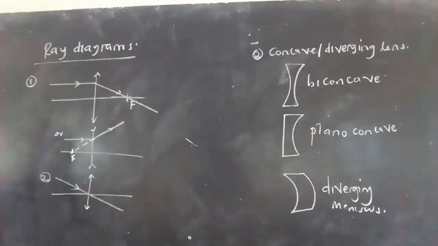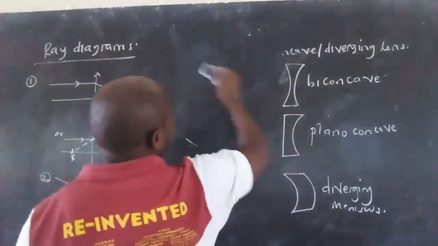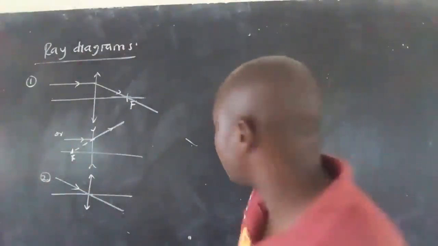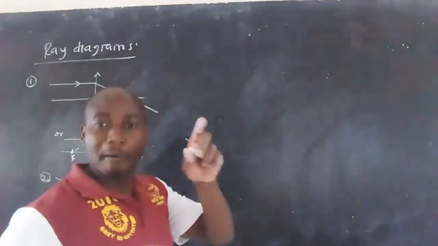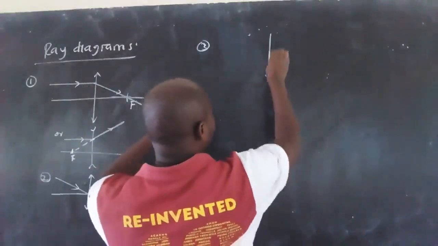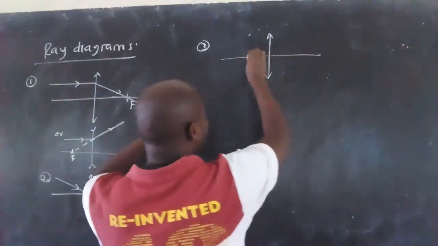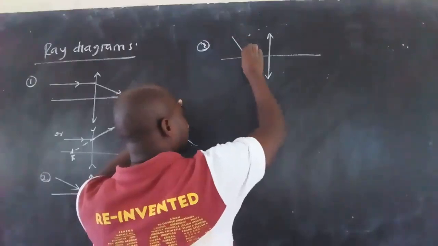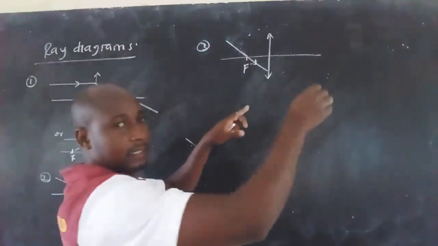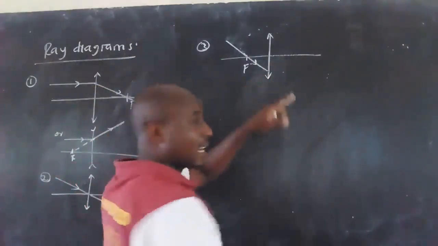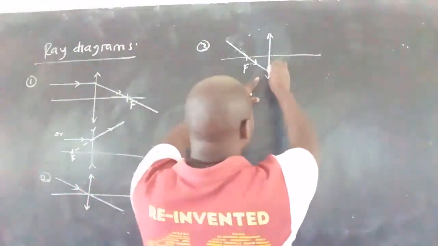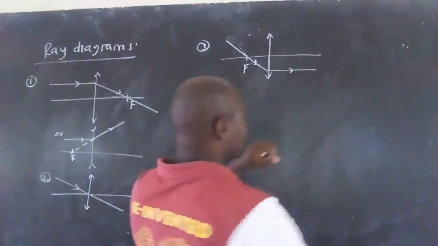Next, number 3, a ray passing through the principal focus, after refraction, is refracted parallel to the principal axis.